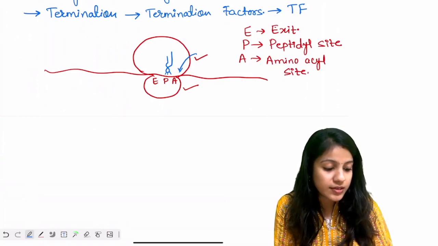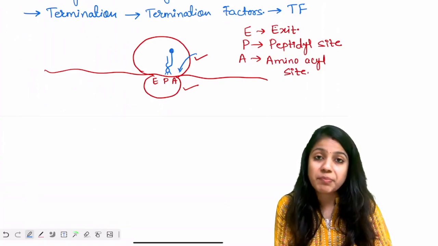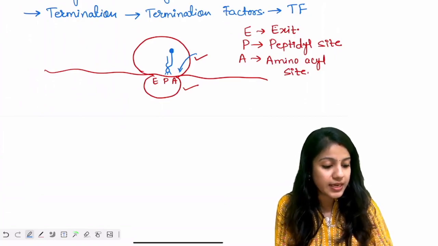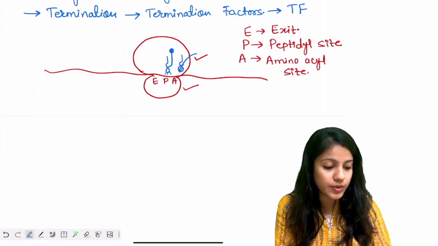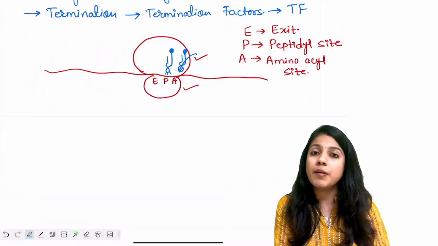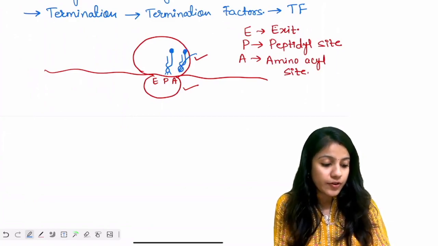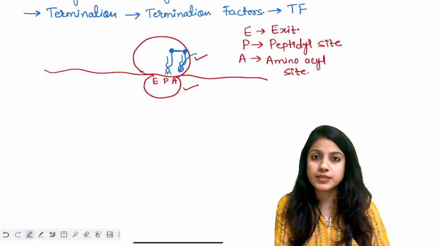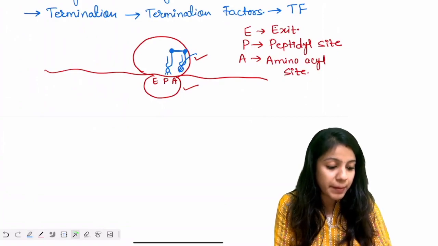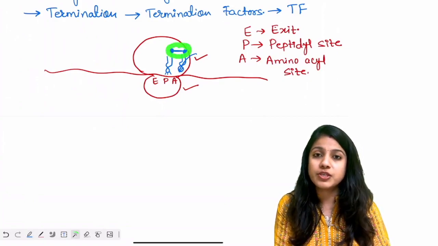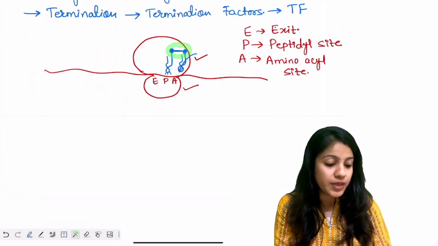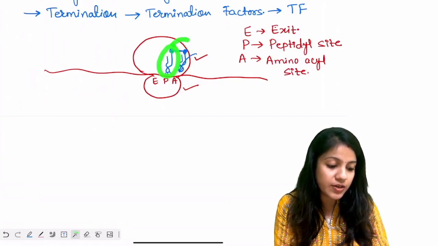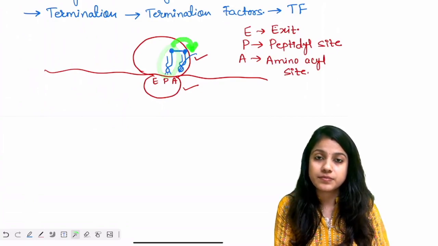Now the first tRNA which came on the P site has an amino acid, right? The second tRNA will come and bind over here with the second amino acid. So what will happen here? There will be formation of a bond between these two amino acids, a peptide bond. And the first tRNA will transfer its amino acid to the second tRNA.